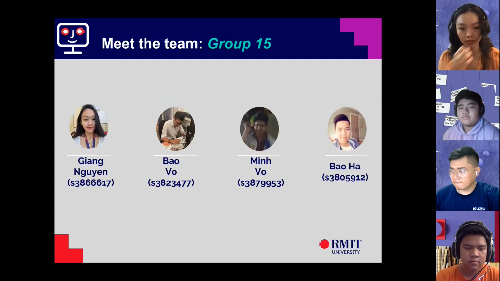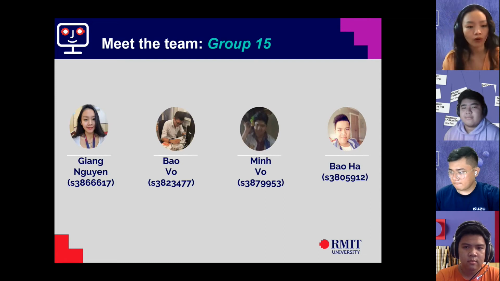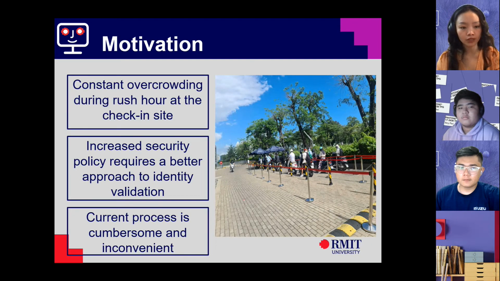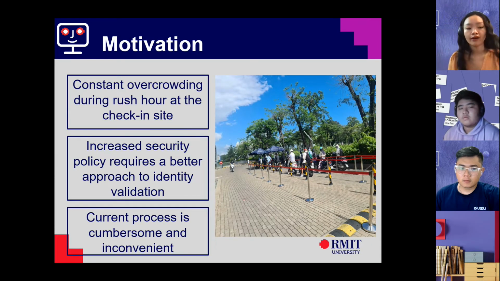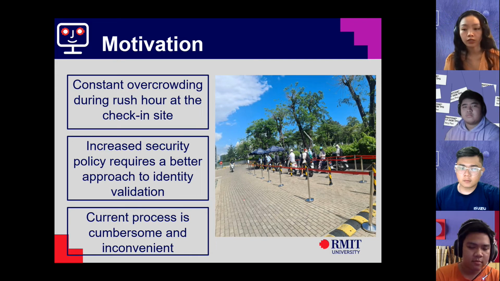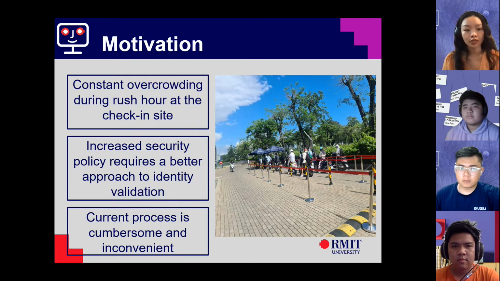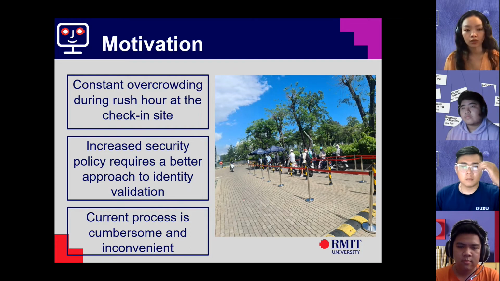Our team is Team 15, consisting of 4 people: Bảo Võ, Bảo Hà, Minh Võ, and me. The motivation for this project is that ever since the COVID situation, we have constant overcrowding during rush hour at the check-in site. This happened due to RMIT's increased security policy to comply with the COVID situation and also to improve security.